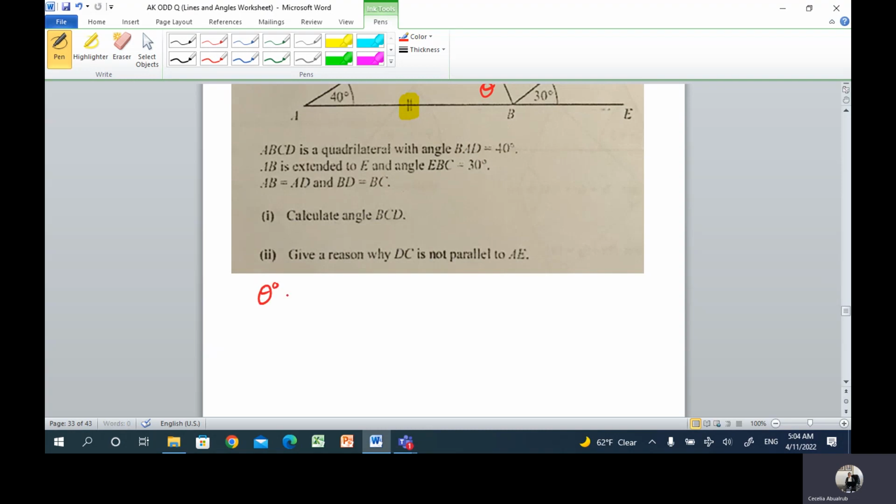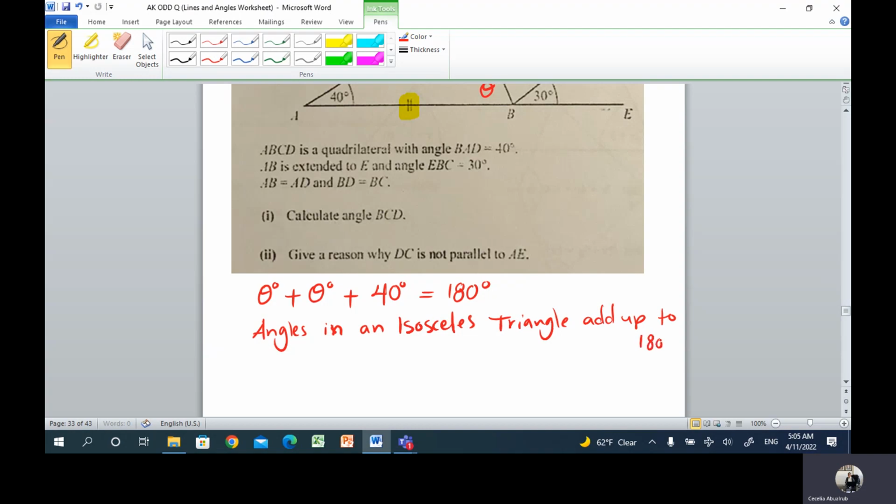So theta plus theta plus 40 is equal to 180 degrees. Angles in an isosceles triangle add up to 180 degrees.